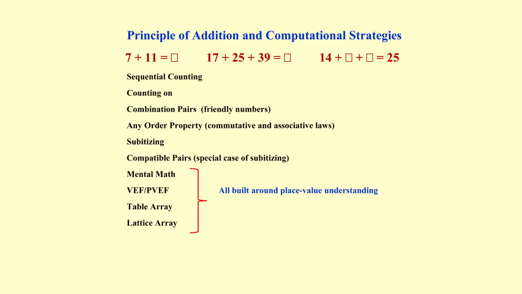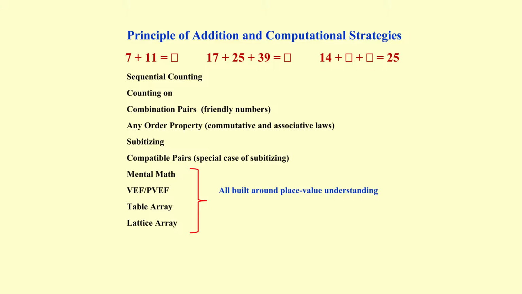So in this list of computational strategies for addition, we've talked about sequential counting, which is just to go in and form the target set and count the number of objects in the target set. Counting on, which usually refers to finding the total number of objects in the target set if you just have 2 groups that you're merging together. And you always start with the larger of the 2 groups, or the larger number, and count on to the smaller group, a smaller size.